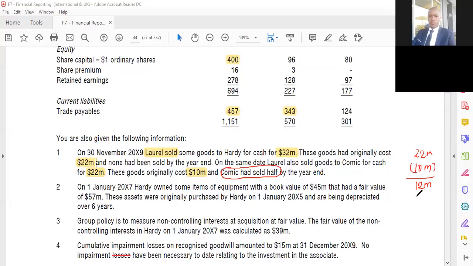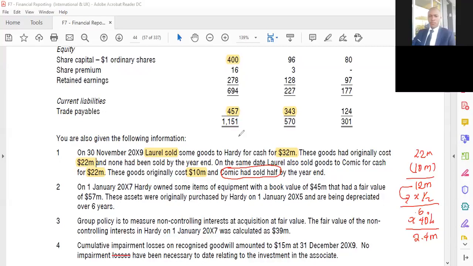Because we know that half has been sold, we're going to multiply this figure by half. 12 million multiplied by half gives us 6. Now this 6 we are going to multiply by 40%, the influence that we have, because we do not control everything. Which gives us 2.4 million.